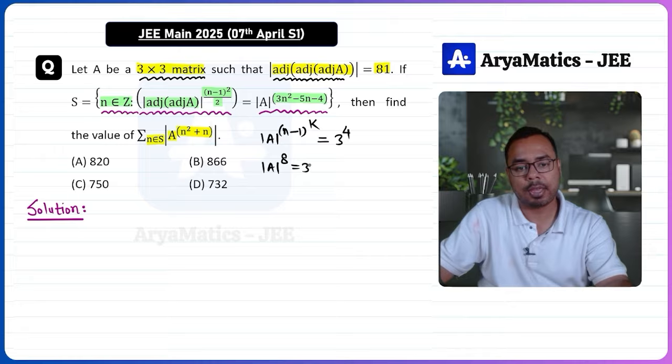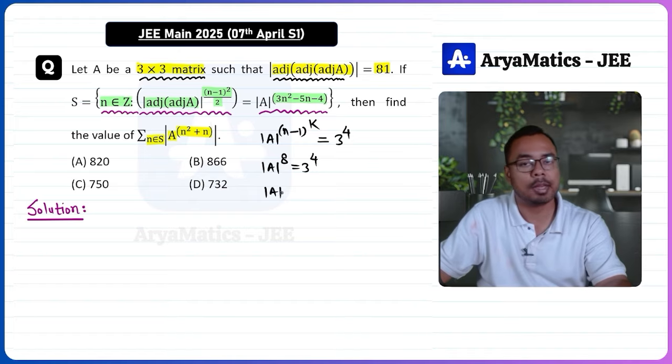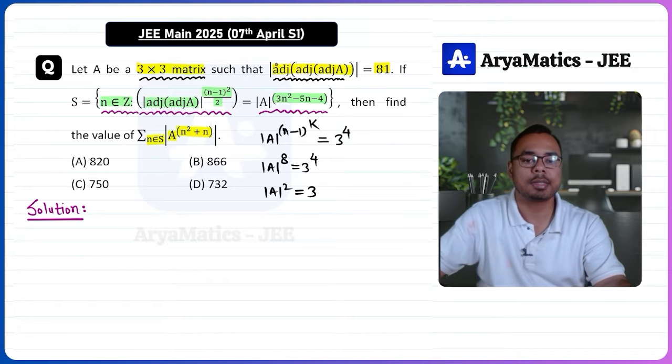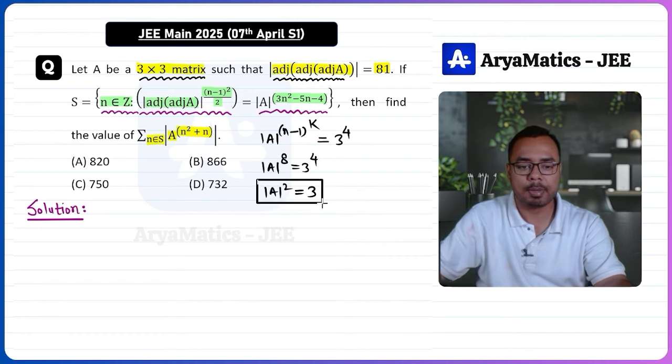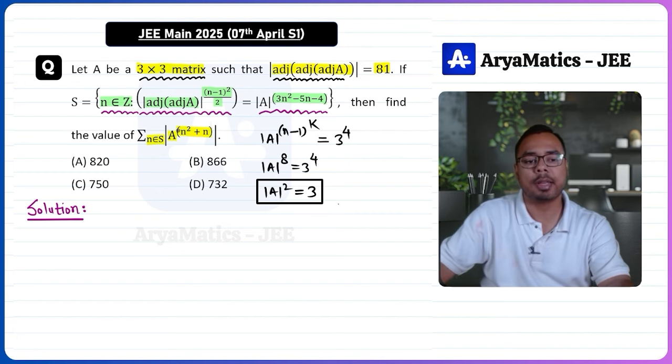So determinant of A raised to 8 is 3 raised to 4. So from here you can write determinant of A as plus minus root 3, or determinant of A square as 3. Determinant of A is plus minus root 3 and determinant of A square is 3.